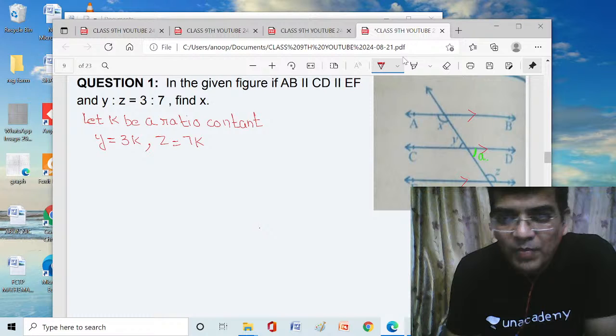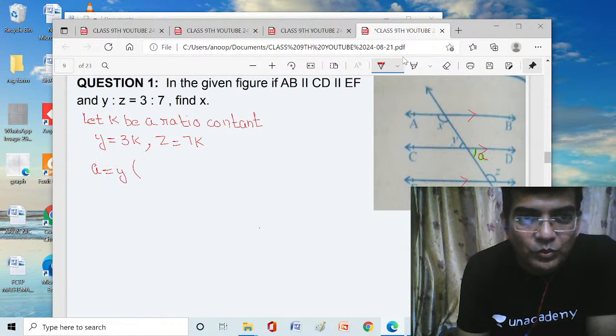Now coming back, as I said, this angle A which I have marked is equal to angle y. And what reason can you give? Sorry, not alternate angles, they are vertically opposite angles.